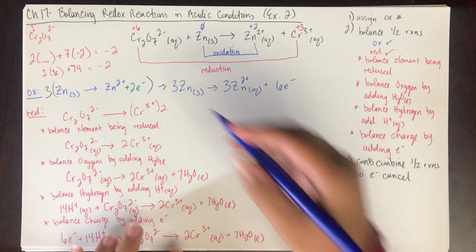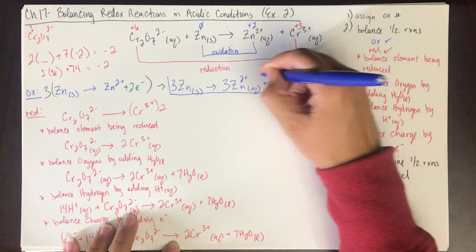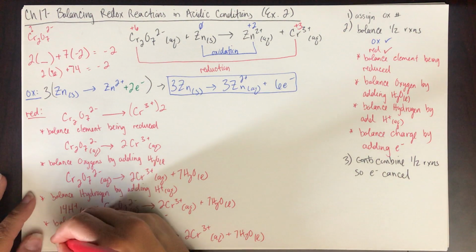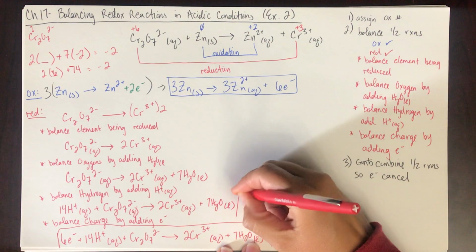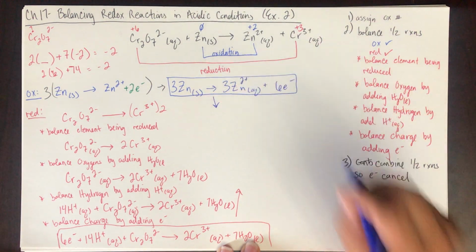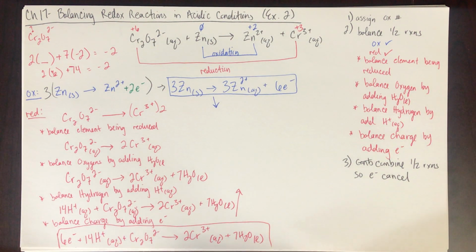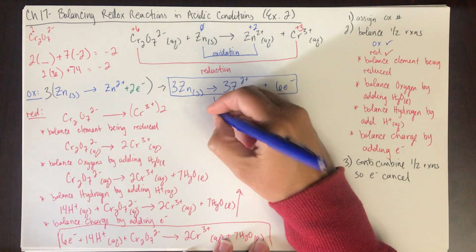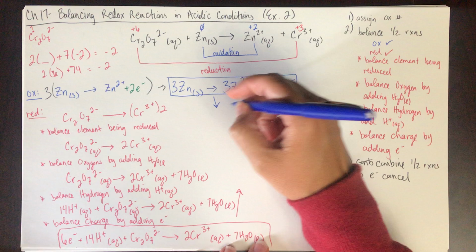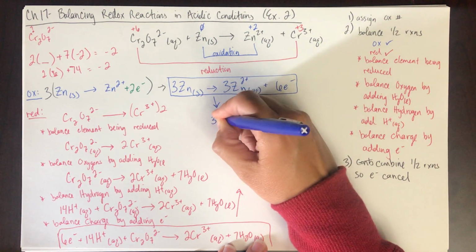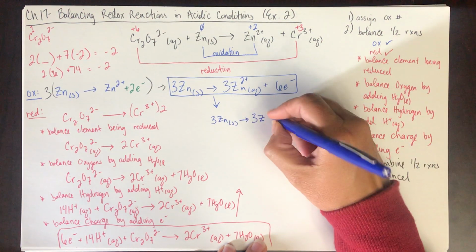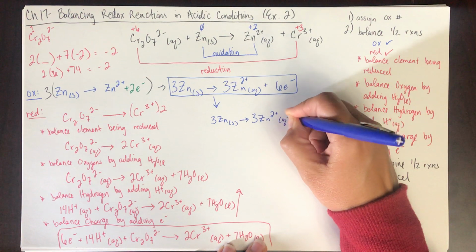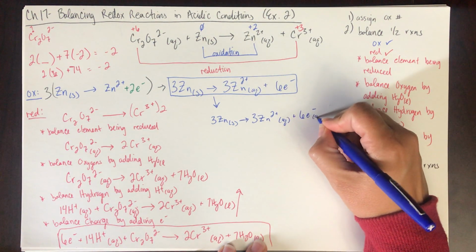This is my balanced oxidation half reaction, ready to add to my balanced reduction half reaction. Now I'm going to add them together. I'm going to rewrite them both just so you can see what I'm doing. 3 zinc solid gives 3 zinc 2 plus plus 6 electrons.